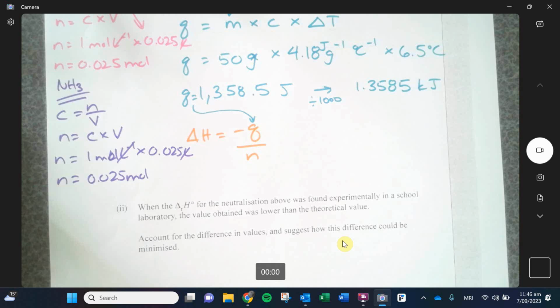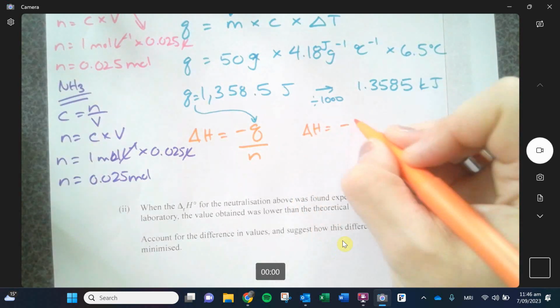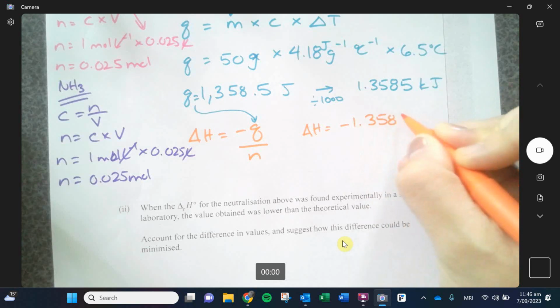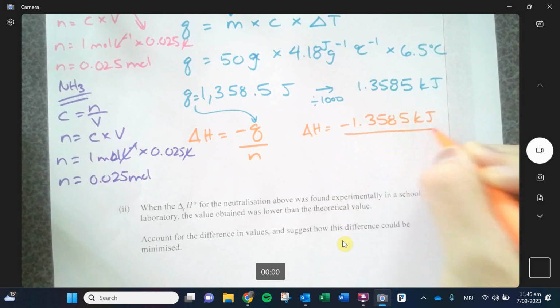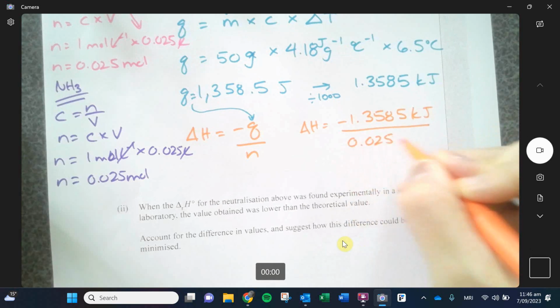So I'd plug in my values. Delta H would equal negative 1.3585 kilojoules, and I would divide it by the n, which is 0.025 moles.